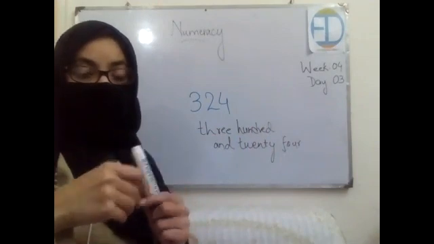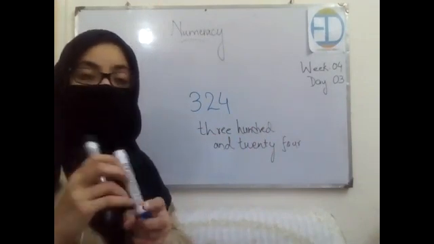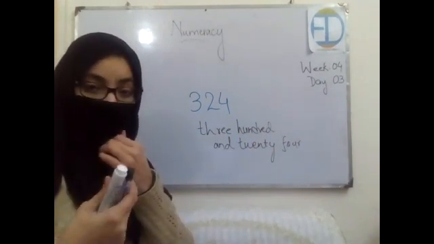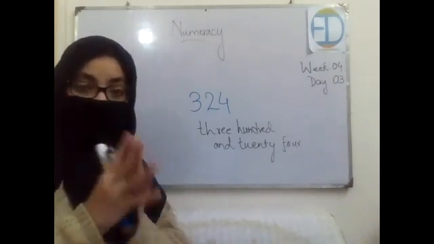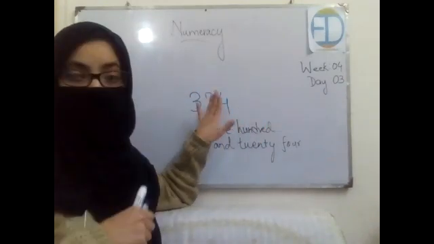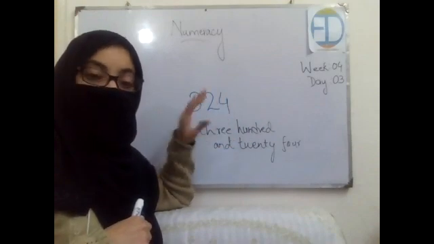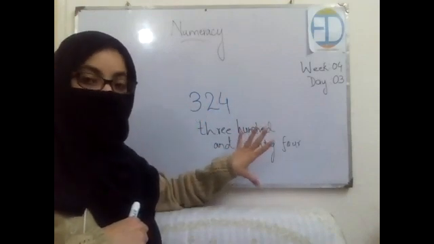And then I told you why we are studying this topic, what is the importance of this topic, that there are some places where we are not allowed to write the numbers in the form of digits, right? We are asked to write the numbers in the form of words.